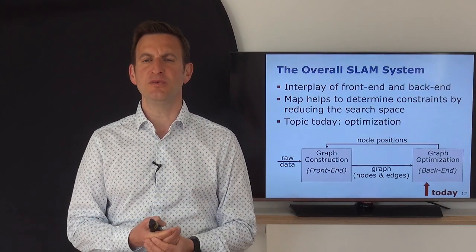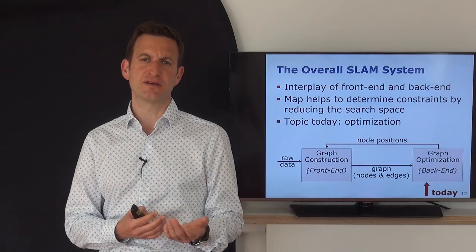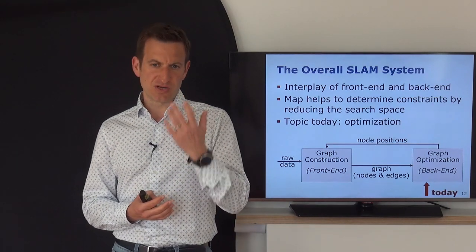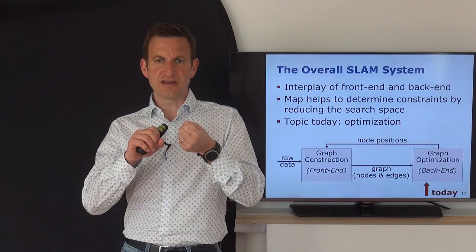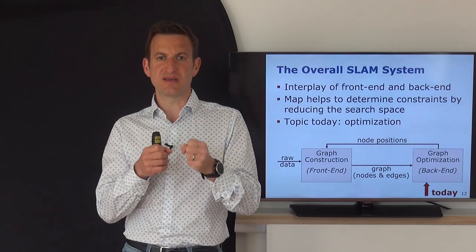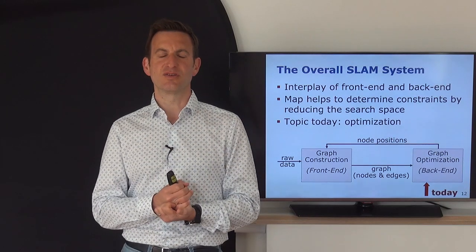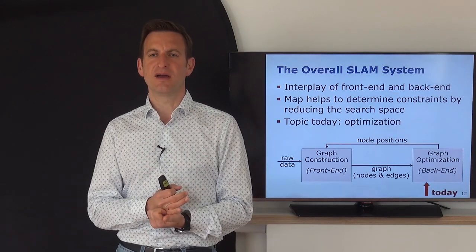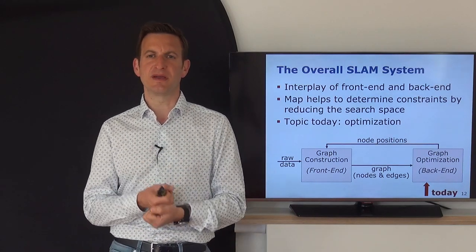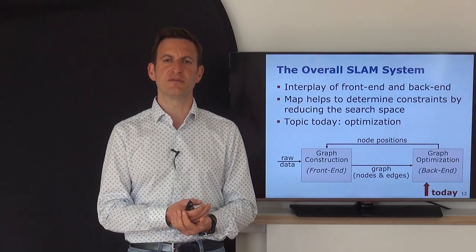The ICP is typically used for laser-based SLAM systems as a front end to generate those constraints, and the constraint is here actually the relative transformation, so the outcome of the ICP algorithm, this rotation matrix and this translation vector, and they are basically forming a constraint together with some uncertainty information.